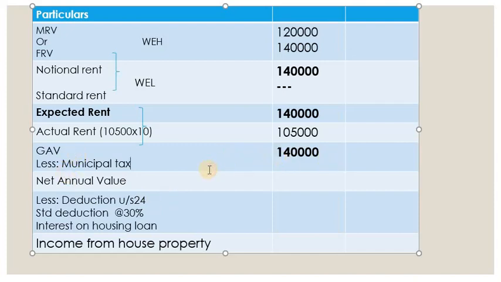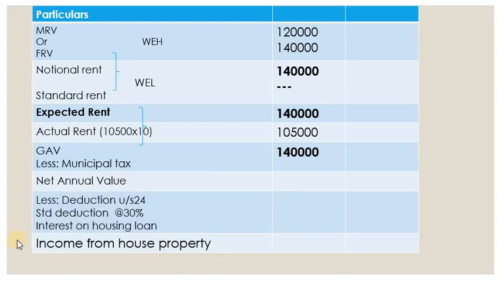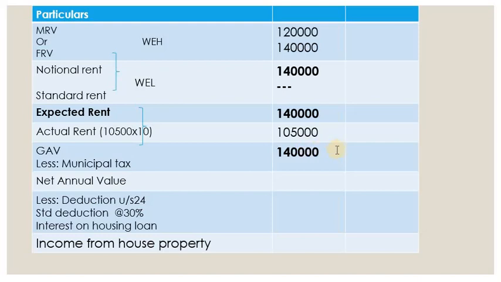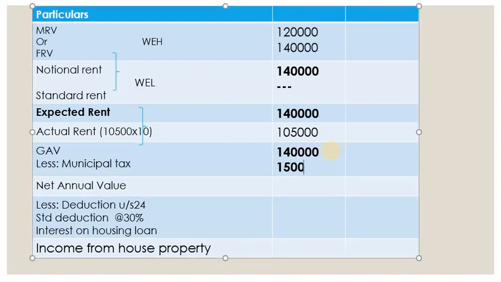Now the municipal tax. What is the municipal tax? Go back to the problem. The tax paid is 15,000. So 15,000 is the municipal tax for the entire house. Deducting it, you will get the net annual value, that is 1,25,000.